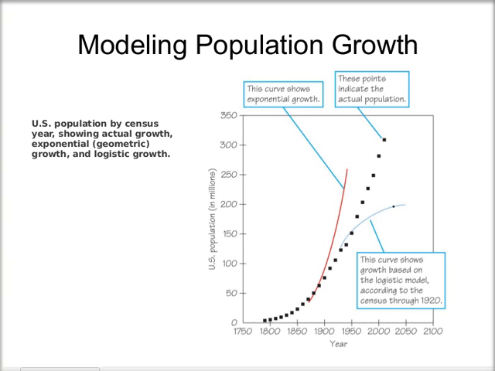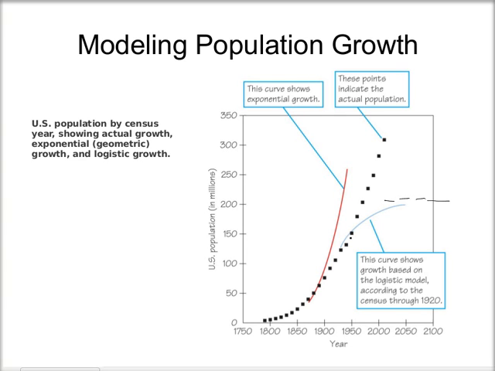And this light blue line here shows the growth based on the logistic model according to the census through 1920. Now, at this point in time, they thought that the carrying capacity of the United States was about 200 million. So you can see if we draw a dotted line here at around 200 million, that the population increases but levels off as it goes towards 200 million.